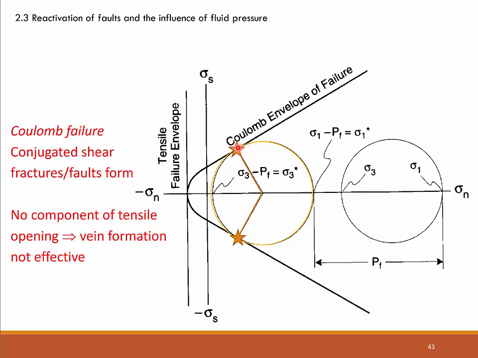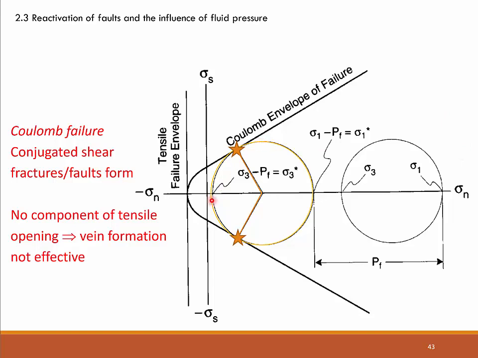And what we can see here is shear stresses are acting. They are opposite in shear sense for the two conjugated sets, but the normal stress that is acting on these fractures is compressive. And that means we cannot dilate these fractures in order to form veins. That is an important difference at large differential stresses.